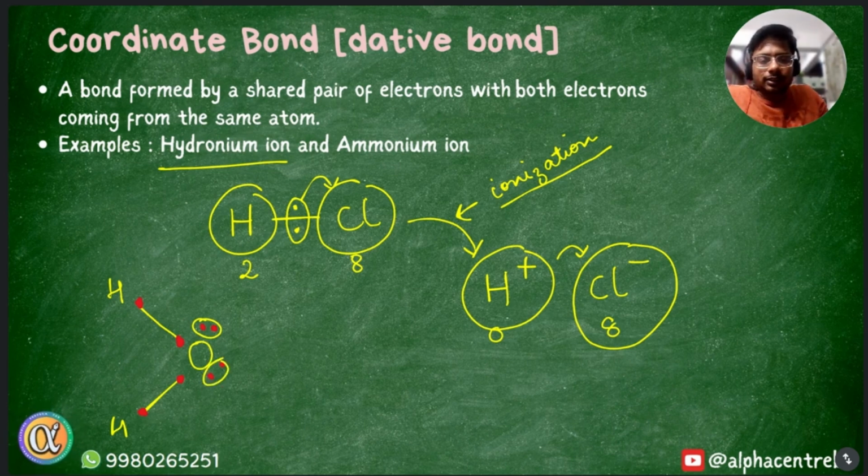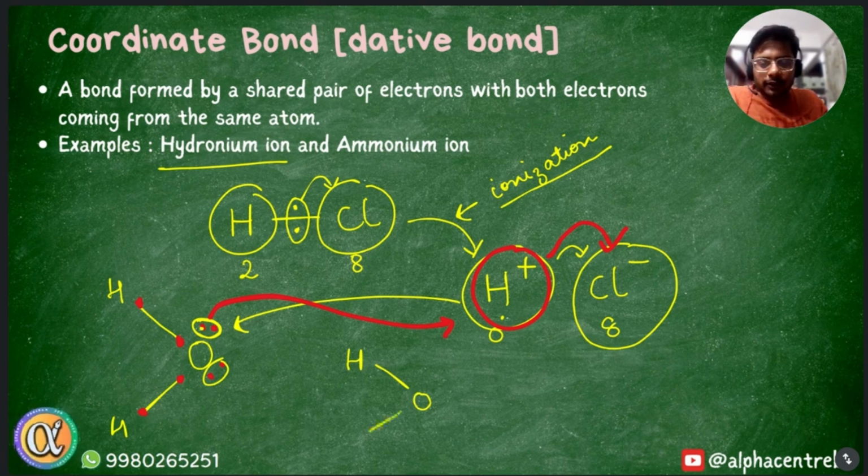So when HCl entered water and H plus got separated, it had already seen that oxygen has a lone pair. So as soon as it loses its electron to chlorine, it runs towards water molecule. And it convinces this oxygen: let's have a sharing in which both the shared electrons come from you, because I have no electron. I have given my electron to chlorine, so I cannot contribute in the share. So this is water molecule where oxygen has two lone pairs of electrons.